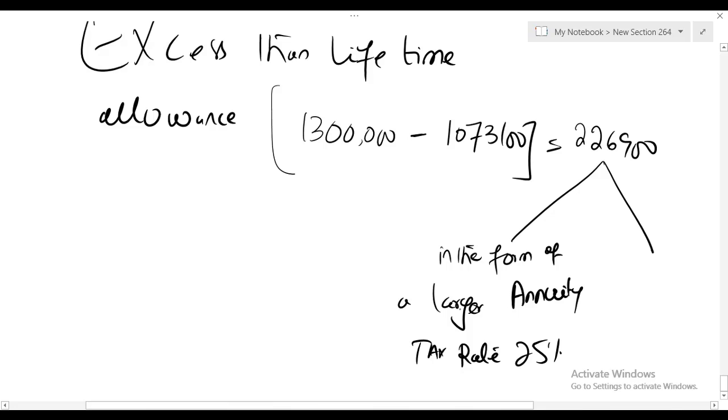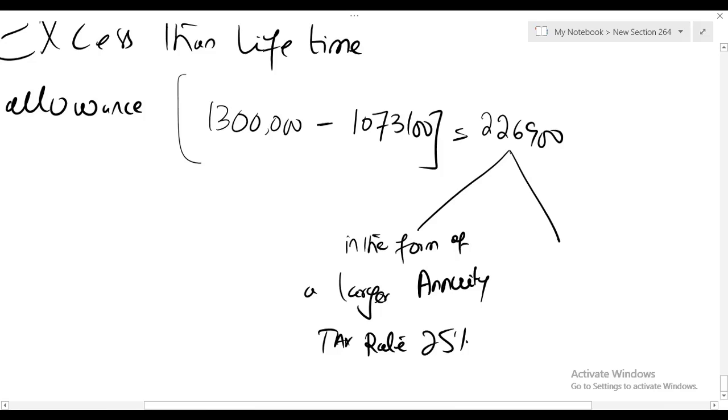When this individual is going to get this excess amount in the form of a larger annuity. A larger annuity means a fixed stream of cash flows. For example, this individual is going to get, let's say, 40,000 every year, maybe 50,000 every year, depends. But when this individual gets the excess amount in the form of a larger annuity, then he has to pay 25% tax.